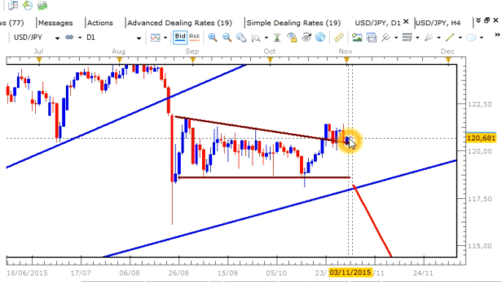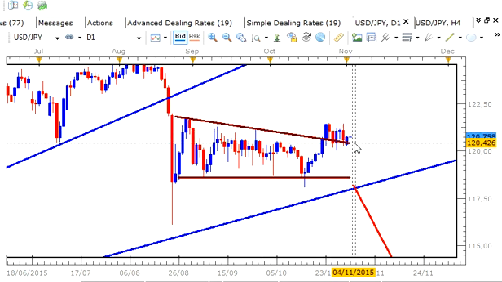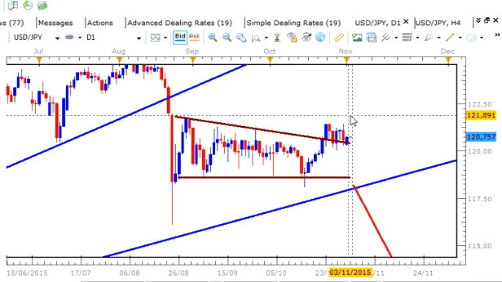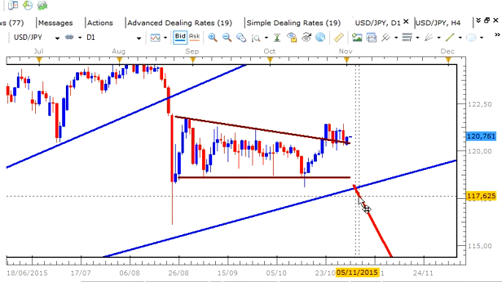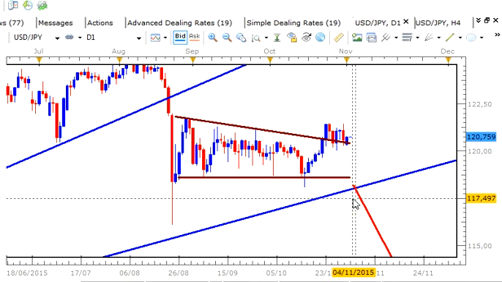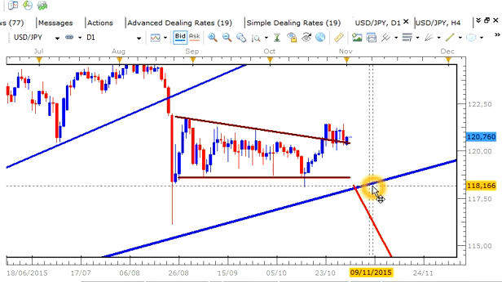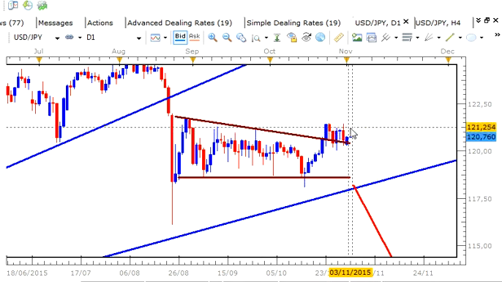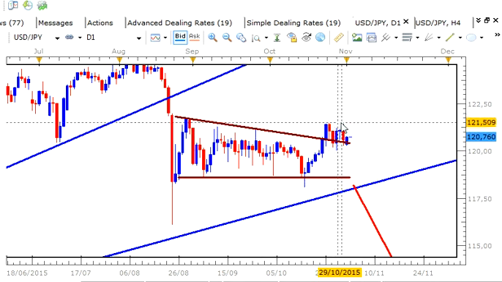So that is why my preference would be for a breakout in either direction. Bullish at this area here and bearish below the support and below the outer uptrend line. So that would be my preference in terms of a trading opportunity on this pair.